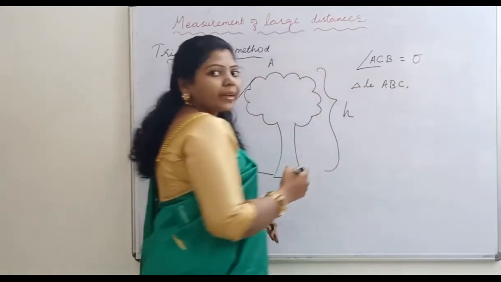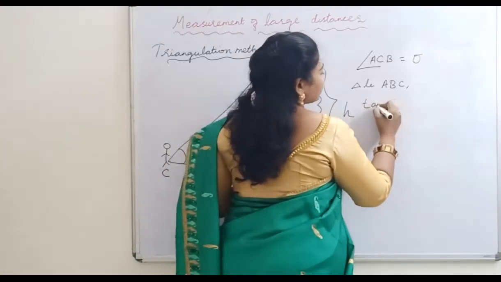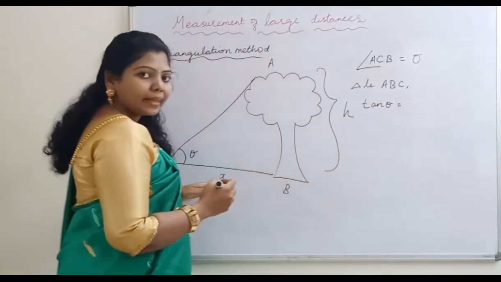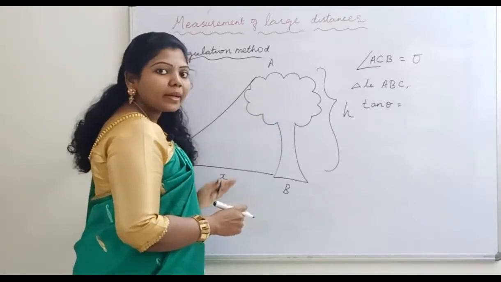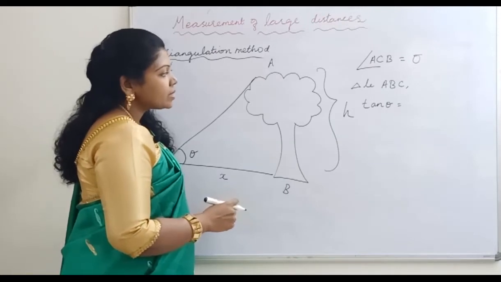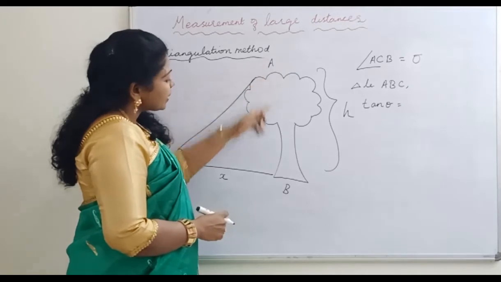now we are going to find out tan theta. So what is tan theta? For finding tan theta, the formula is opposite side by adjacent side. What is the opposite side of this triangle?